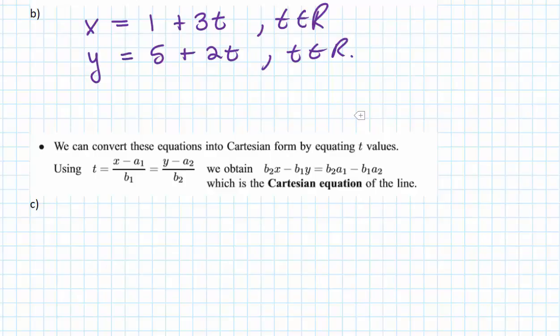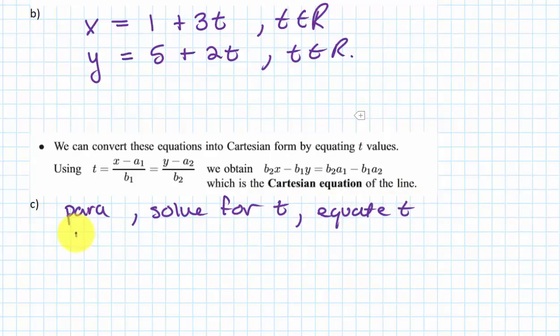So that would be our Cartesian equation. So think of our Cartesian plane, which is just a regular xy plane. And what we do is we take our parametric equations, and we solve for t, and then we equate the t values.